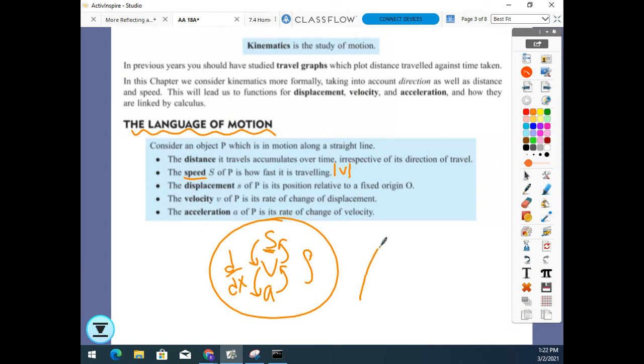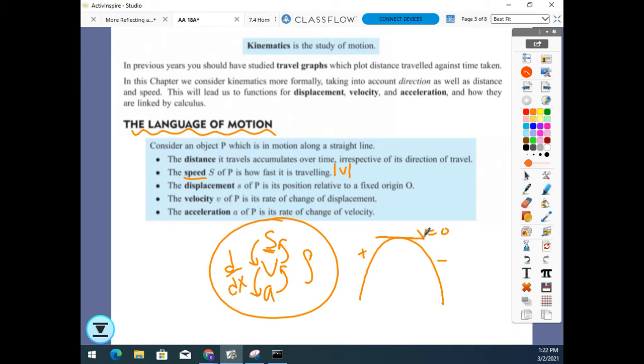So say that we throw a rock up in the air. On the way up, its velocity is positive. At the top, the velocity is 0. And on the way down, the velocity is negative because velocity shows direction. Positive up, negative down, at the top is 0.